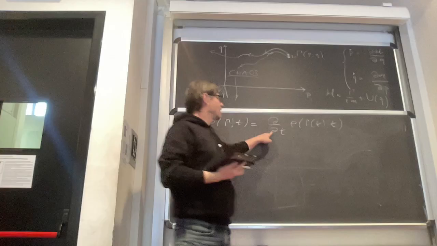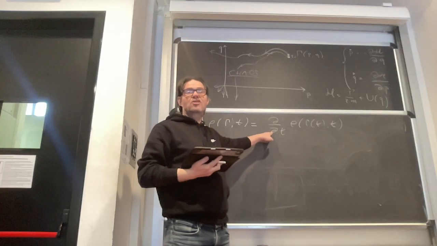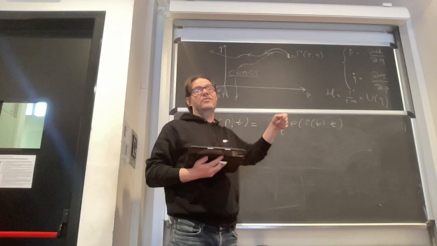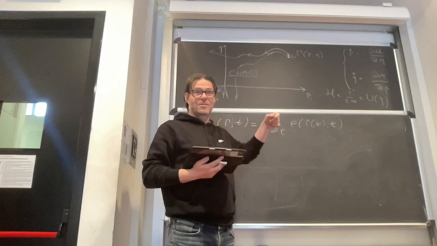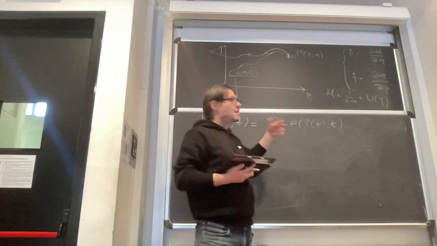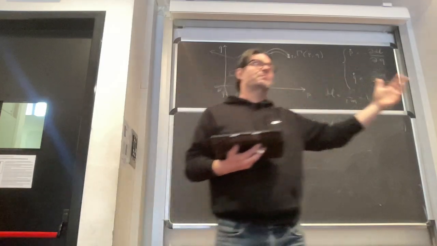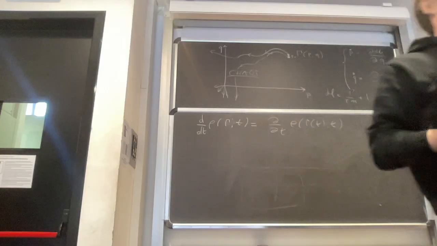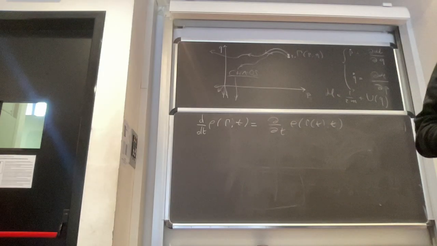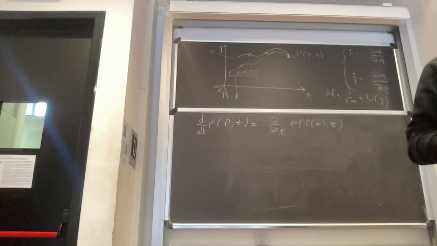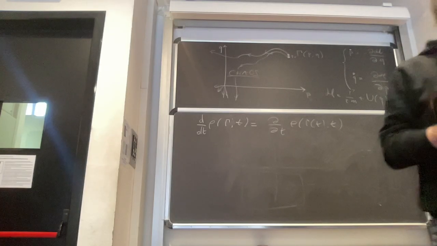For example, the density might change because I switch on an electric field, and this electric field will make certain configurations that were likely less likely after some time. This is an explicit time dependence.